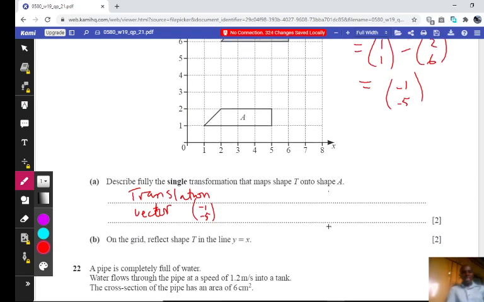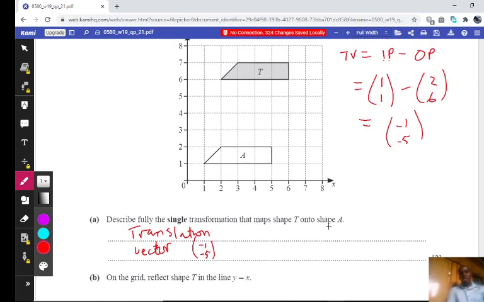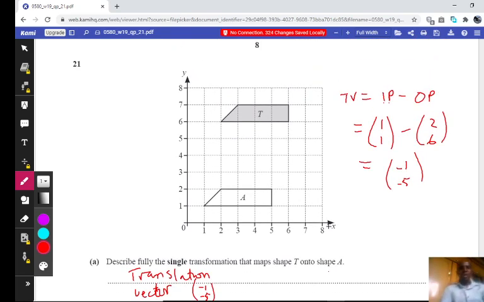Right, next part. On the grid, reflect shape T on the line y equals x. Shape T, this one, you want to reflect on the line y equals x. First thing, you have to draw the line y equals x. It means for every value of y, the value of x is equal to the value of y. So they are the same. When x is 1, y is 1. When x is 2, y is 2, x 3, y 3.